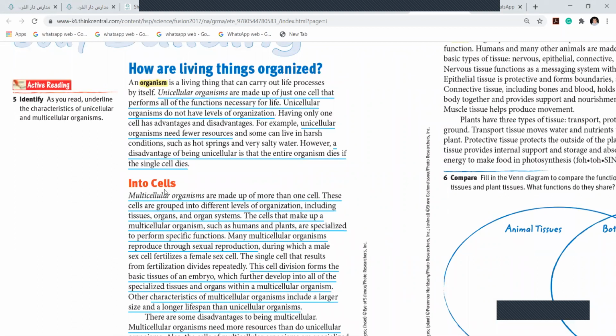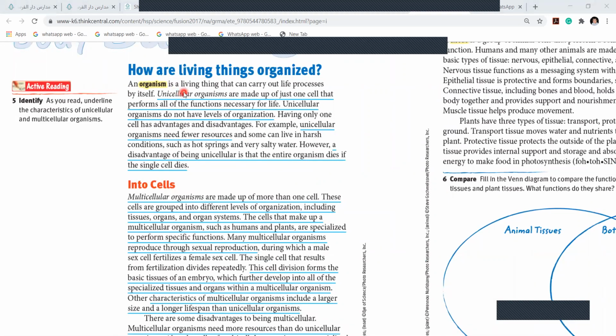Again, when I say unicellular, that means one cell. What is the other name of unicellular? Is it prokaryotes or eukaryotes?